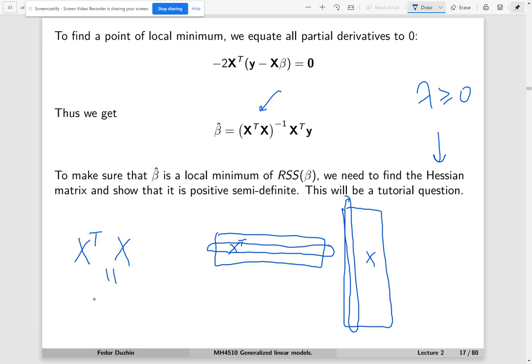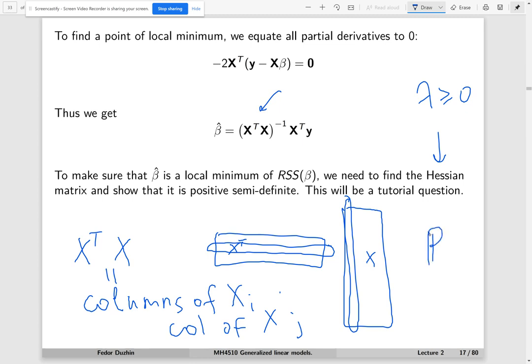So entries are like column i of X dot product with column j of X. So the dot product of two columns of X. So in other words, we have a few columns of X that can be thought of as vectors in the space Rn, and we take pairwise dot products between them.